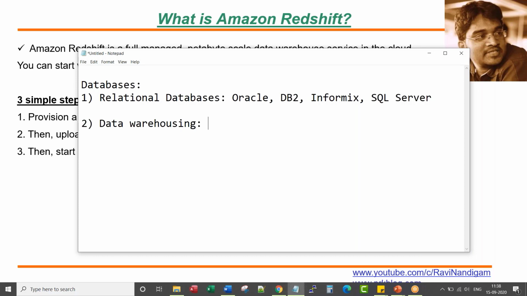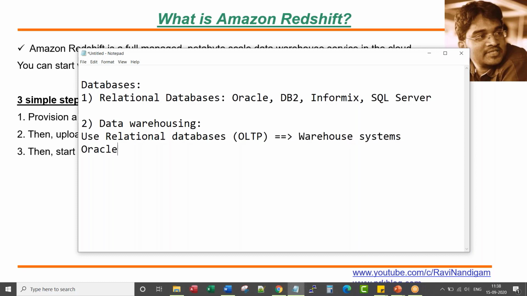Databases came. In the initial days of this evolution of data warehousing systems, what people used to do was use relational databases or OLTP systems as warehouse systems. For example, I can use Oracle, customize a little here and there, like add more temp space, create more bitmap indexes, use more partitioning licenses, and use it for data warehousing.